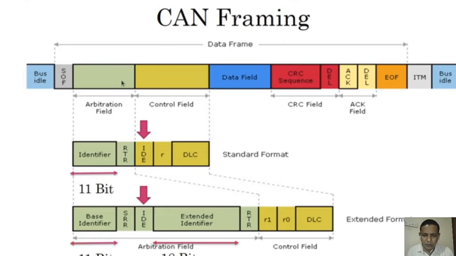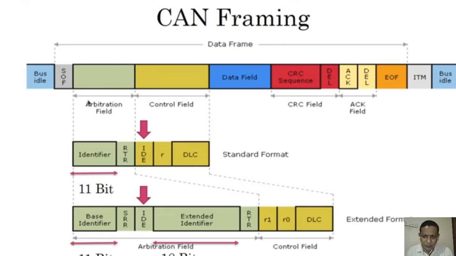In short, we can see the difference between the standard frame format and the extended frame format. This is the standard frame format, and after the 11-bit identifier there is an RTR. This is the arbitration field of the standard frame format.